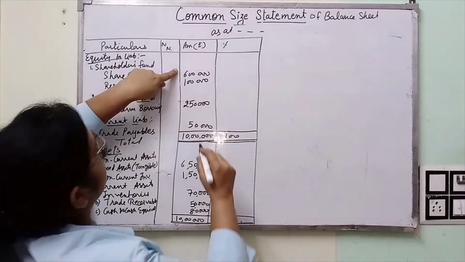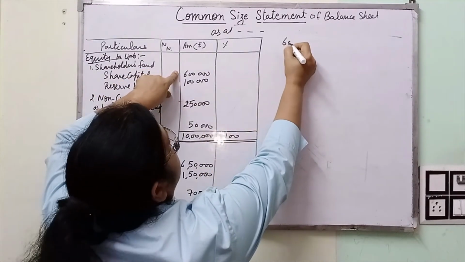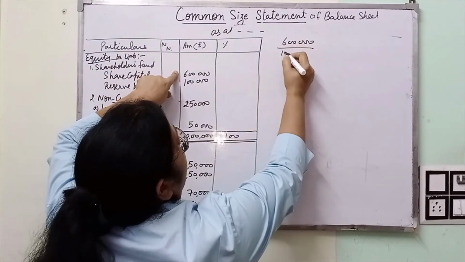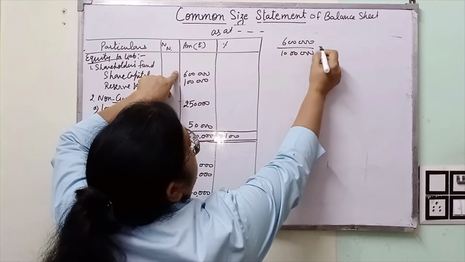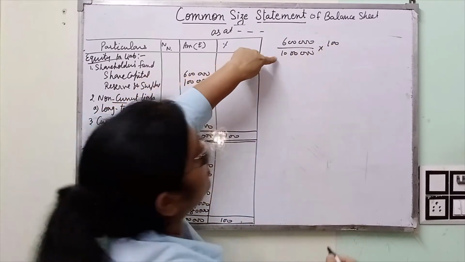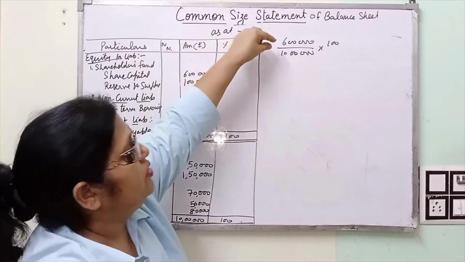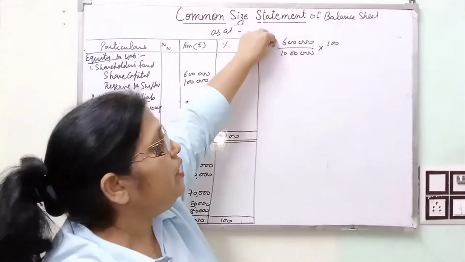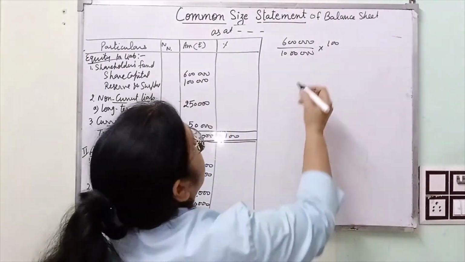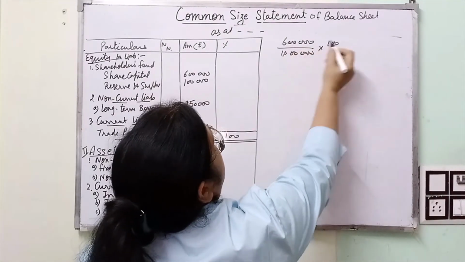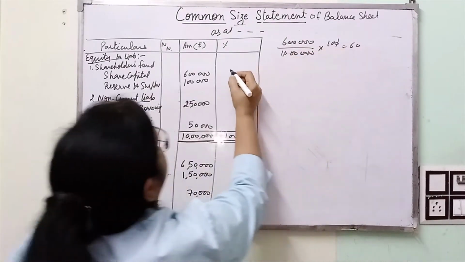So in the case of share capital, how can we calculate? 6 lakh upon 10 lakh multiplied by 100, just like total marks 500, achieved marks 450, multiplied by 100. It comes to 60%.